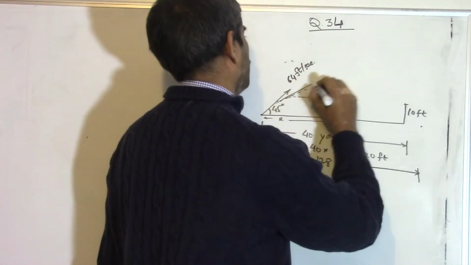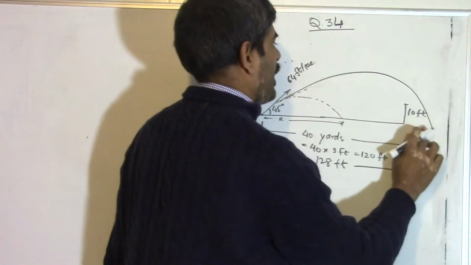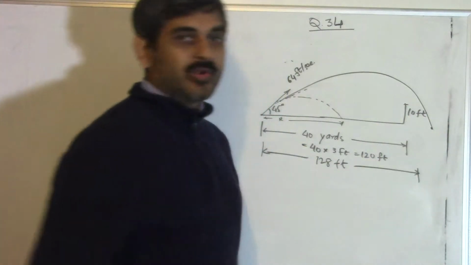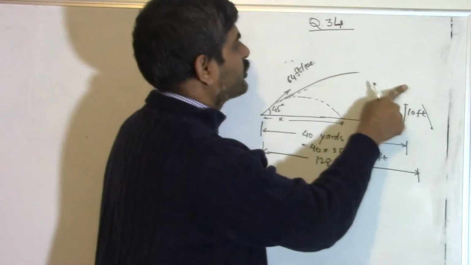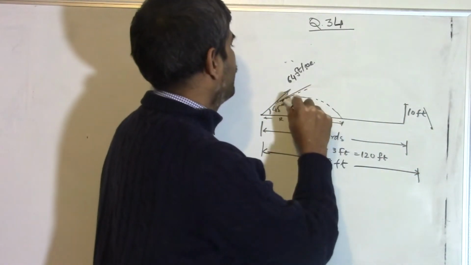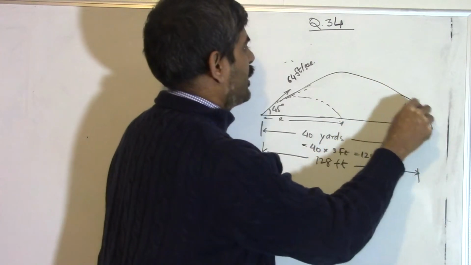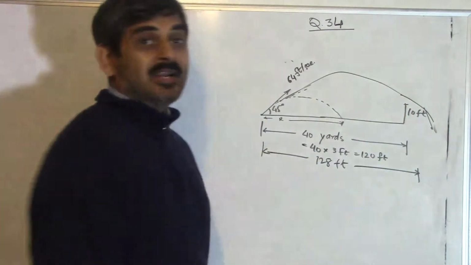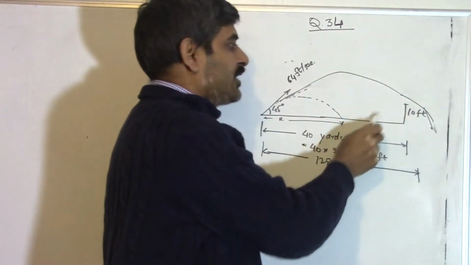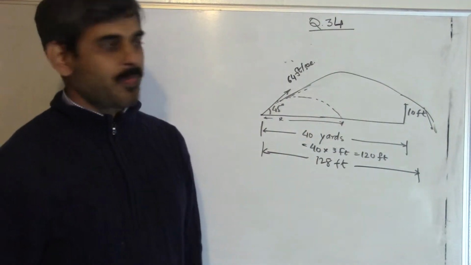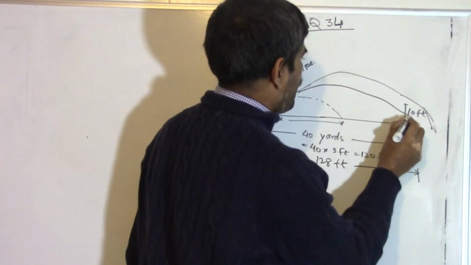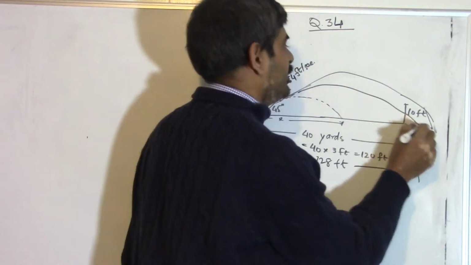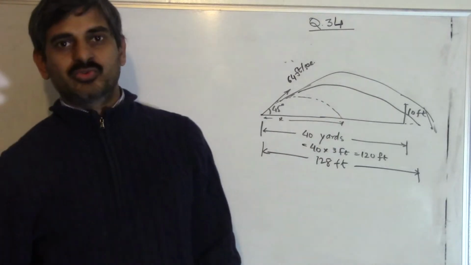It goes over, and 128 feet lies such that, I should draw it a little better, like this, it goes a little above the goal post, so it does not enter. Or it can go like this, trying to reach through that goal post.